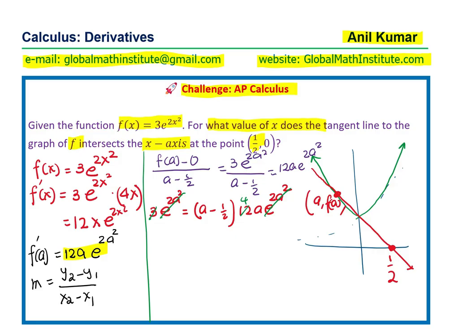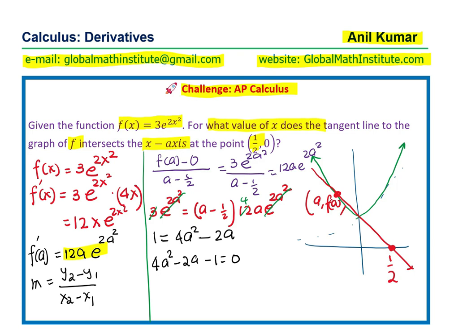Now we can open this bracket and we get 1 equals 4a squared minus 2a, because 4a is getting multiplied by the terms by the distributive property. So that's the equation which we get, which is a quadratic equation. We can rearrange: 4a squared minus 2a minus 1 equals 0, bringing 1 to this side.